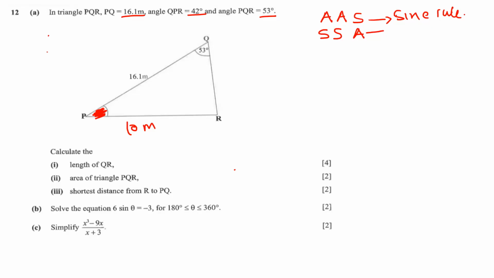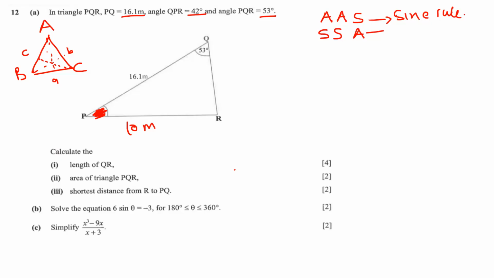Now, if we are to have a triangle like this, just trying to bring in the general sine rule, let's say you have a triangle ABC. The opposite side here is small letter c. The opposite side here is small letter a. The opposite side there is small letter b. Now, the small letters represent lengths.